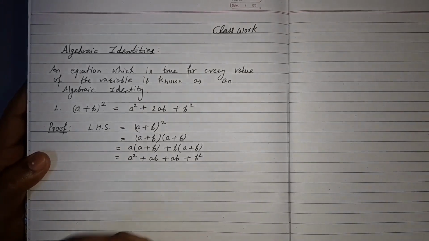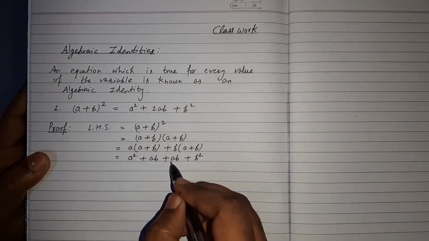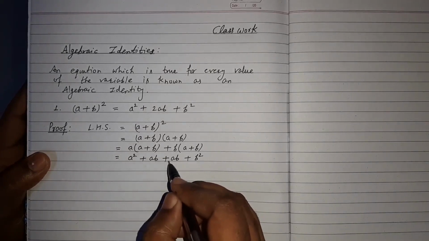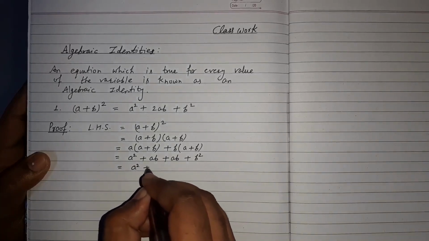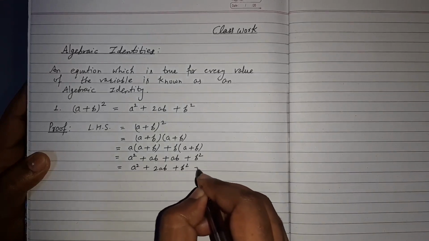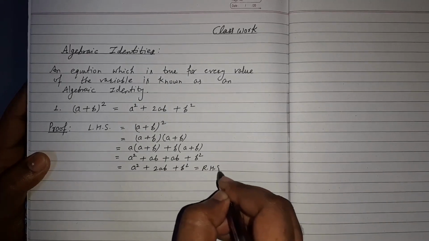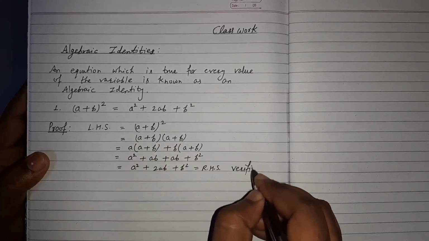Now you can see ab and ab both are like terms, and both the terms are positive, so they will add. So it will be a square plus 2ab plus b square, which is equal to the RHS part of this equation. So the result is verified.